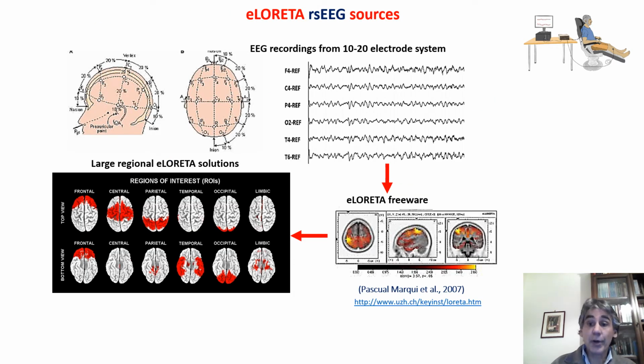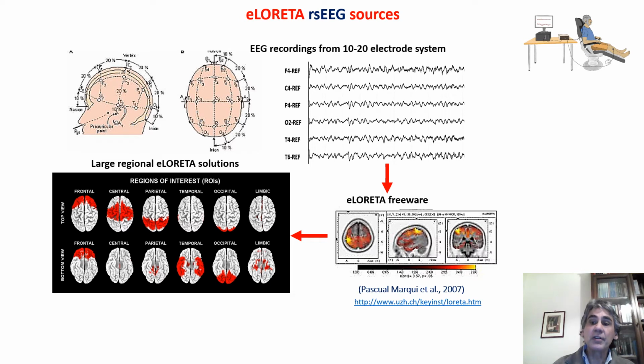Our general approach is based on the recording of resting state, eyes closed and eyes open conditions with the 10-20 electrode montage system using 19 electrodes. So it's a low resolution for the EEG activity.